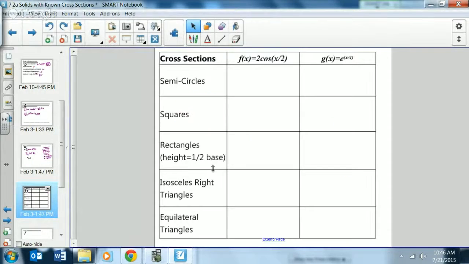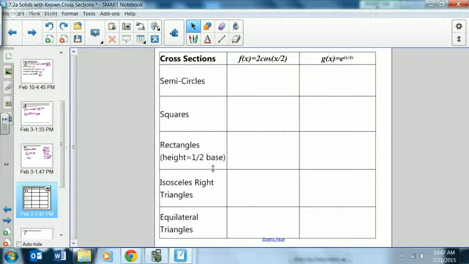Okay. All right, in just a moment, again, you're going to get a board to work with, a foam board to work with, some pins and paper that you're going to cut out into your cross sections, and then you're going to be given one of these cross sections, and you're going to be asked to find the volume.